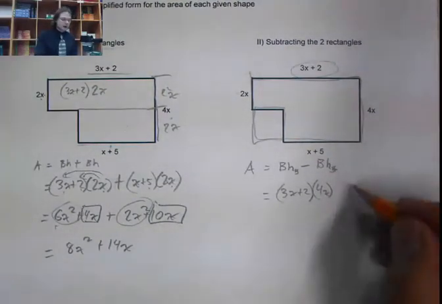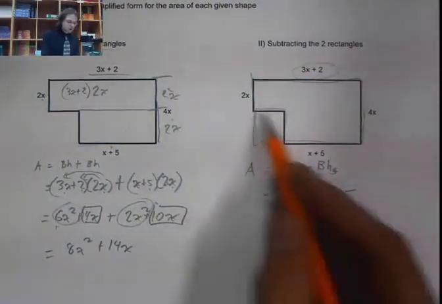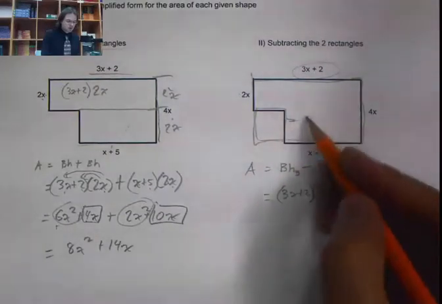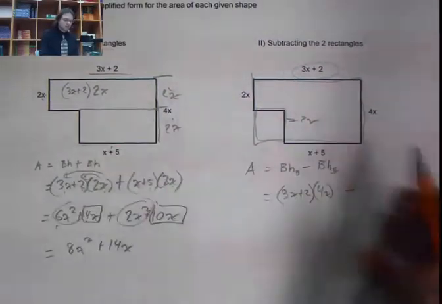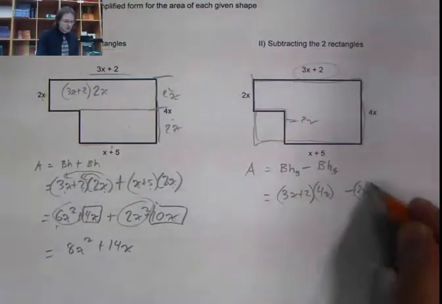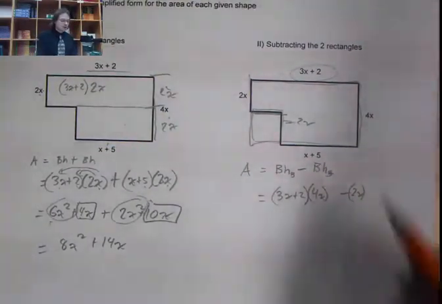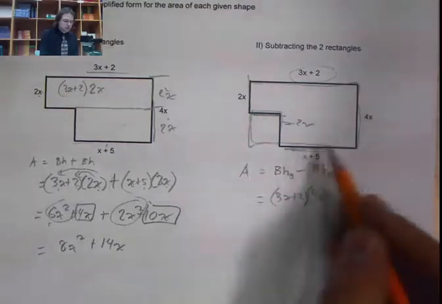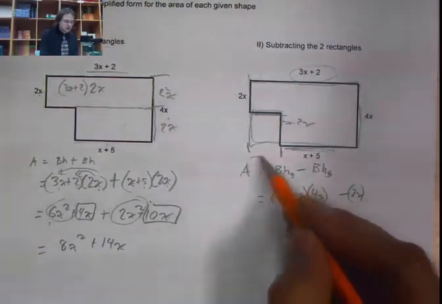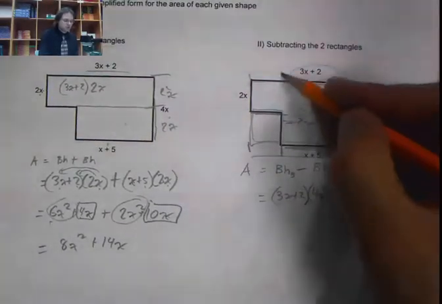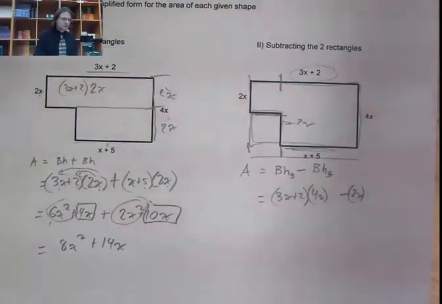Now we want to subtract my little one. Well, I know this part here is just 2x, because we use that from this here. So I have 2x multiplied by, now I have to figure out that. Okay? Well, if this is x plus 5, and this whole distance is 3x plus 2, what do we have to do?